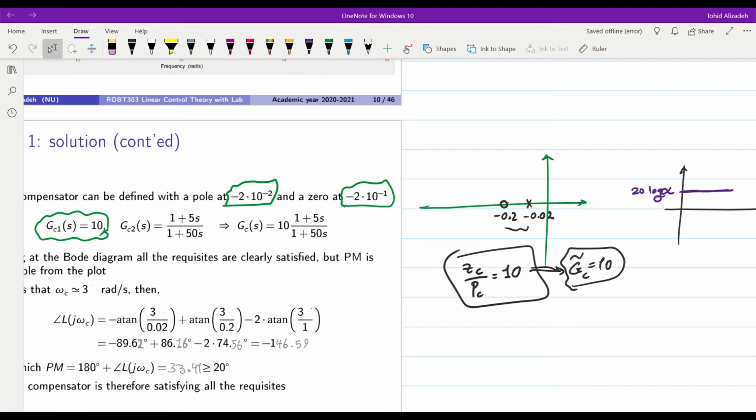And we wanted to have this equal to 20 dB. So alpha is chosen as 10. And alpha also determines the relation between ZC and PC. So we need to have this relation between the zero and the pole. And why we have chosen 0.2 and then obtained minus 0.02.